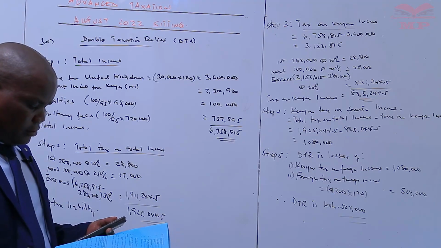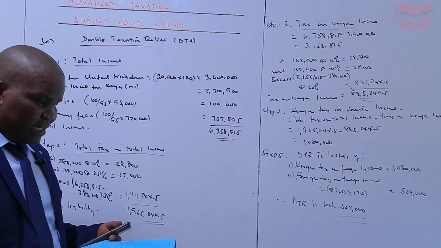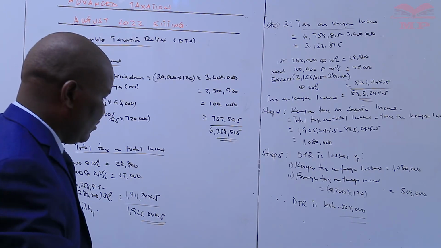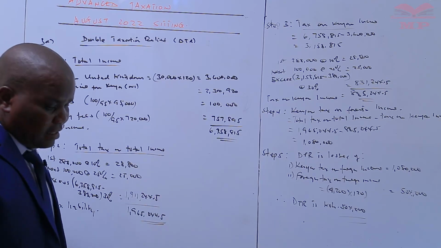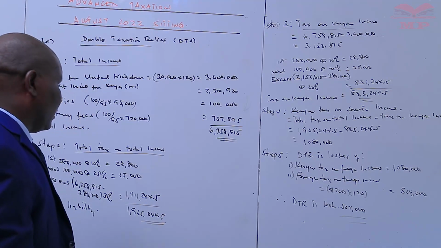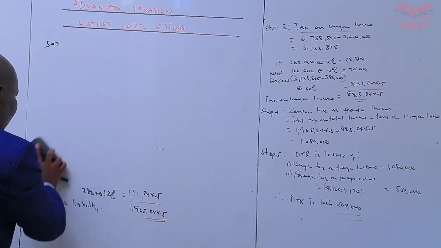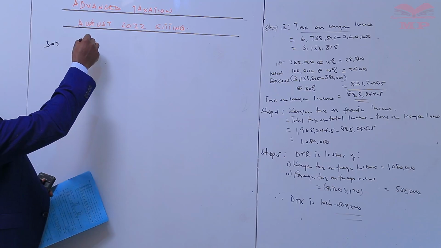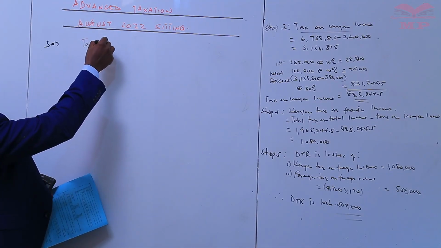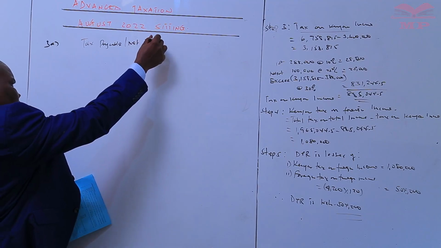So with that now, we can answer the question. The question is calculate tax payable by Pete Masa. So tax payable is simply gross tax liability less the DTR and other relevant tax credits. So let's compute tax payable, or net tax liability.